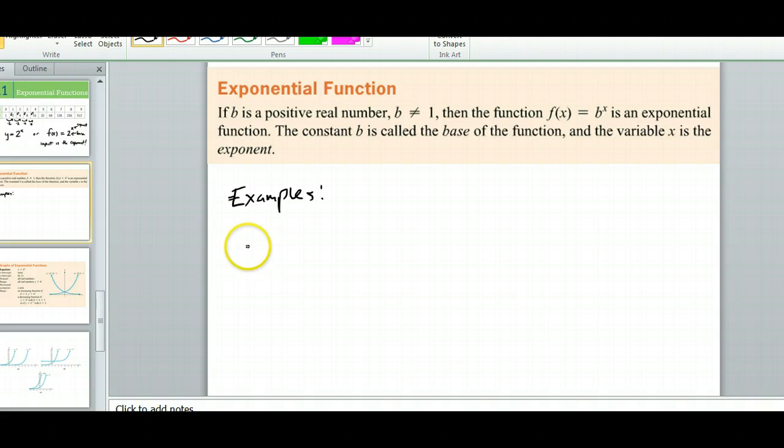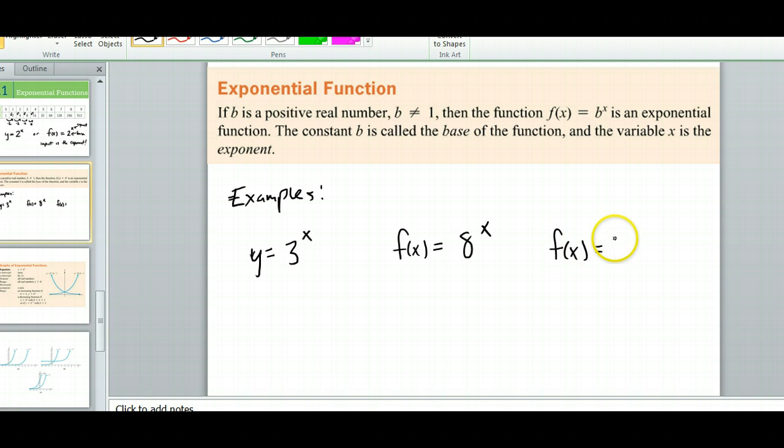So I could take something like y equals 3 to the x. Or if I used function notation, f of x equals 8 to the x. It doesn't have to be whole numbers. We could have something like f of x equals 3.21 to the x.